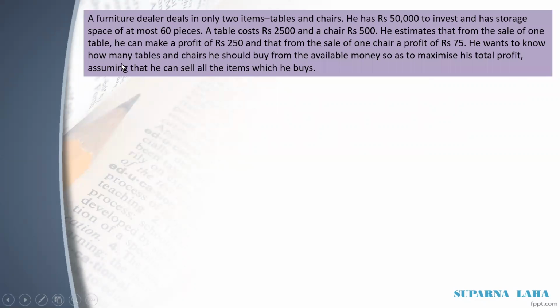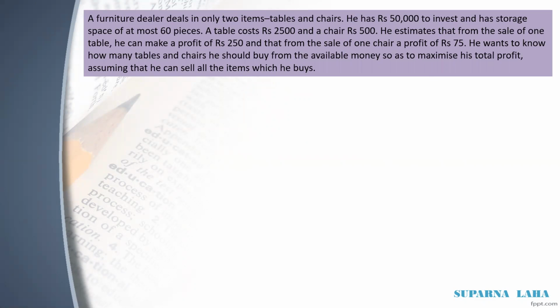Now, how many tables and chairs should he buy from this available money, that is the 50,000, so as to maximize his total profit? Okay, so assuming that he can sell all items which he buys. Okay, that means if he is buying 50 pieces, then he can sell 50 pieces. If he can buy 60 pieces, then he can sell 60 pieces also.